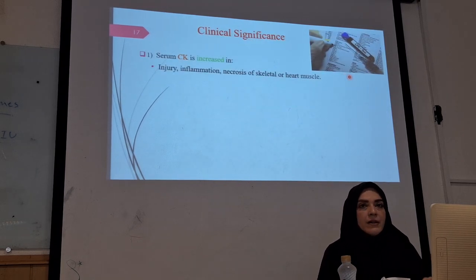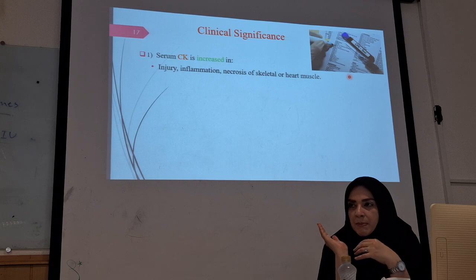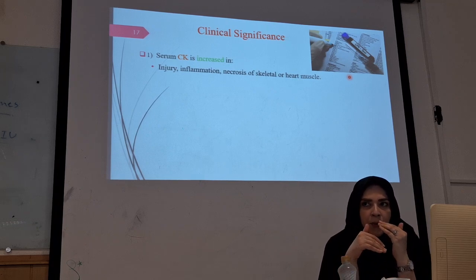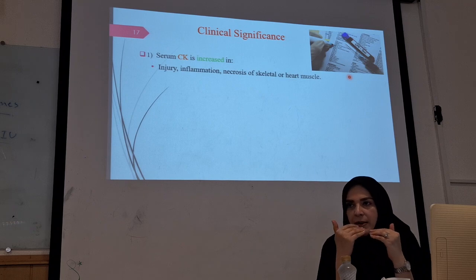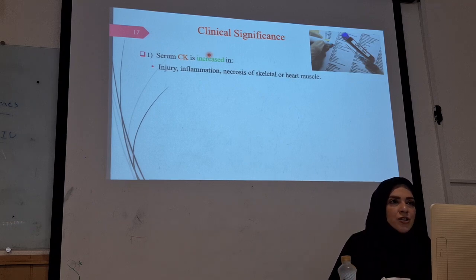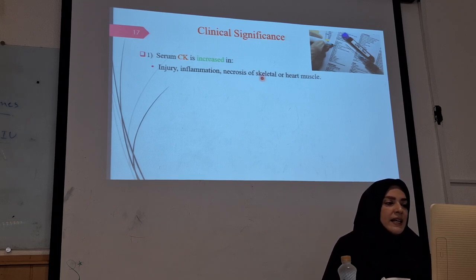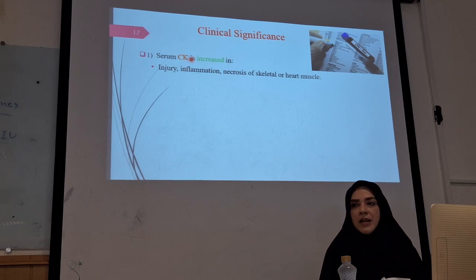So, any problem regarding the muscles, I didn't want to bother you with remembering these disorders, okay? Because maybe we have to memorize several names, but I want to help you. As you can see here, any injury, any inflammation or crush to the skeletal or heart muscle can increase creatine kinase.